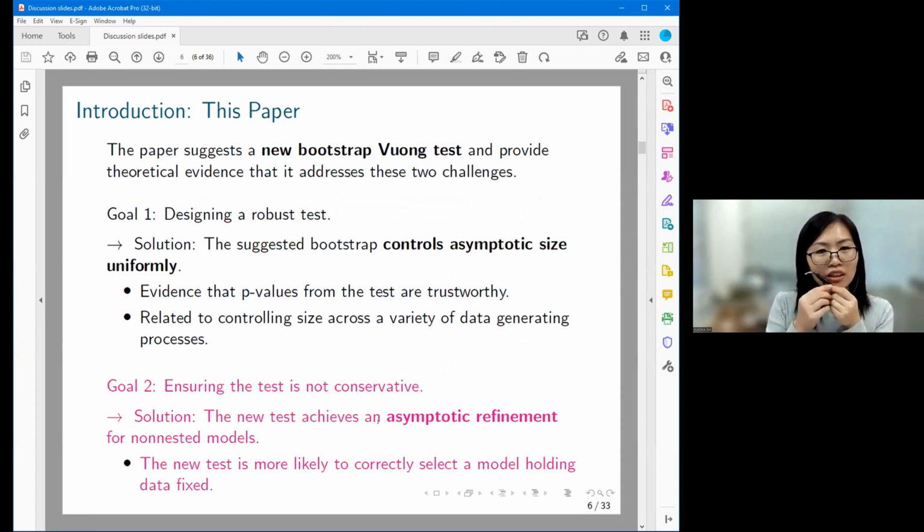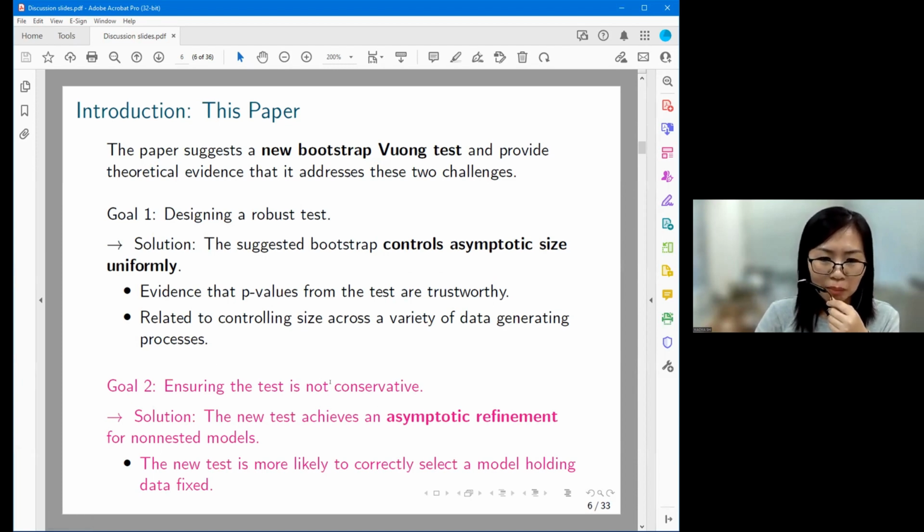So okay, what the paper is about, as I hinted, is it proposes a new model selection test that uses Bootstrap. It's going to be robust, meaning that it's going to have type 1 error controlled very nicely, regardless of the data generating process.